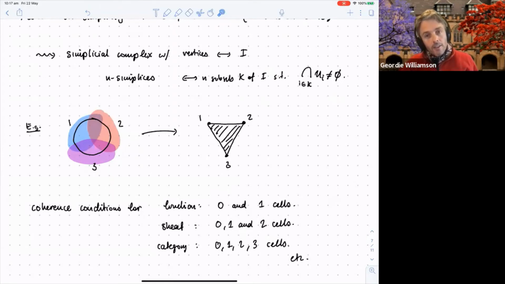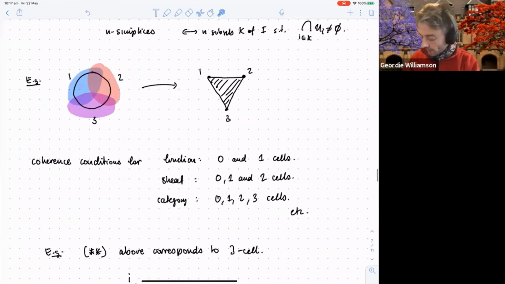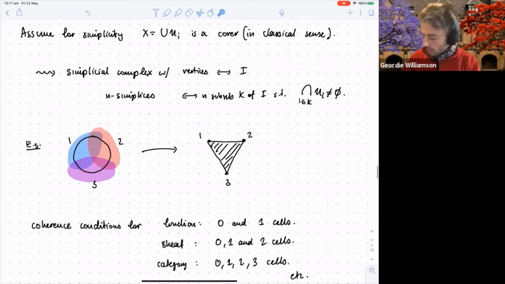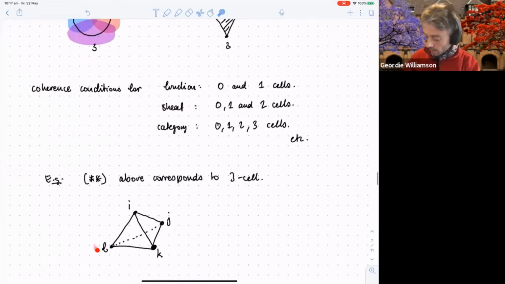Okay. So this is a way of giving a generators-and-relations description of what it means to give a sheaf of categories on a space. And for example, up here we had this funny commutativity that we needed to check, which I guess you could attack combinatorially, but another way of seeing it is that this commutativity up here comes from the 3-cell in this simplex.